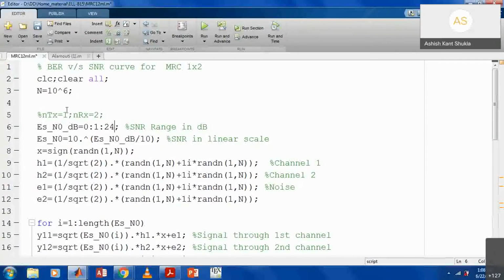The first part of the code, from line number 5 to line number 12, is about the channels and the noise in the symbol. Firstly, this is Es/N0 in dB, the range of our SNR in dB. I am taking it from 0 to 24 dB. You can change it from 15 dB up to 30 dB or 50 dB, depending on you.